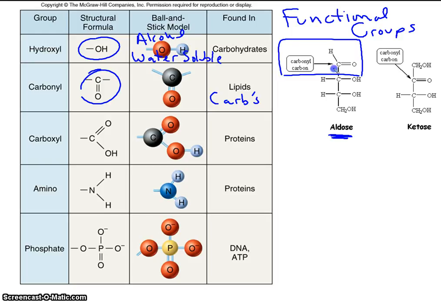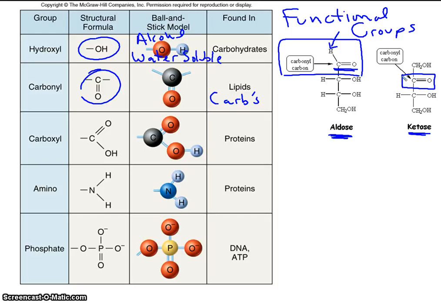So there's your C double bonded to O, and there's always a hydrogen with it. The other case is you can have a ketone or a ketose if it's a sugar, and here the carbonyl group is in the middle, and there's no single hydrogen attached to that. So the aldehydes, you may have heard of formaldehyde, and the ketones, you may have heard of acetone, are two examples that you may have seen, but there's a carbonyl group.